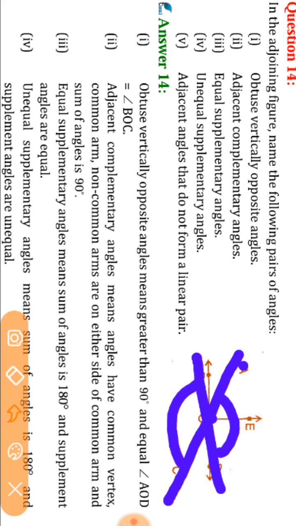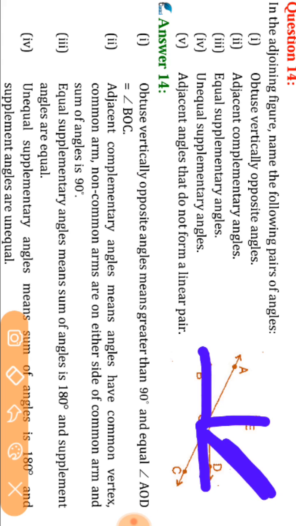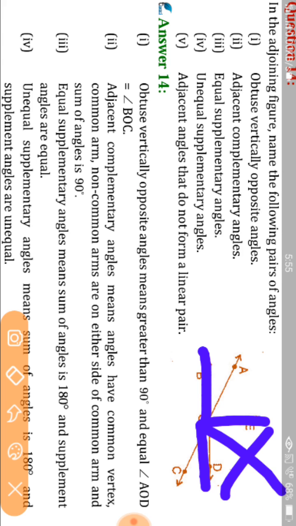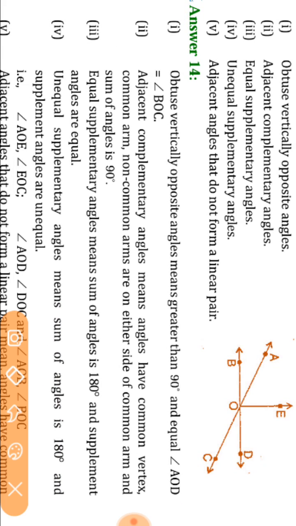Then adjacent complementary angles. Complementary means it should create 90 degrees. See here, there is no such angle, so we cannot take this. Adjacent complementary angles mean angles that have a common vertex and a common arm, with non-common arms on either side of the common arm, and the sum is 90 degrees.